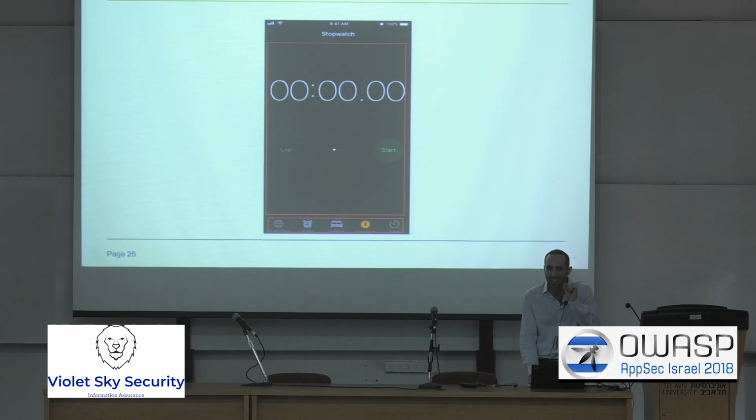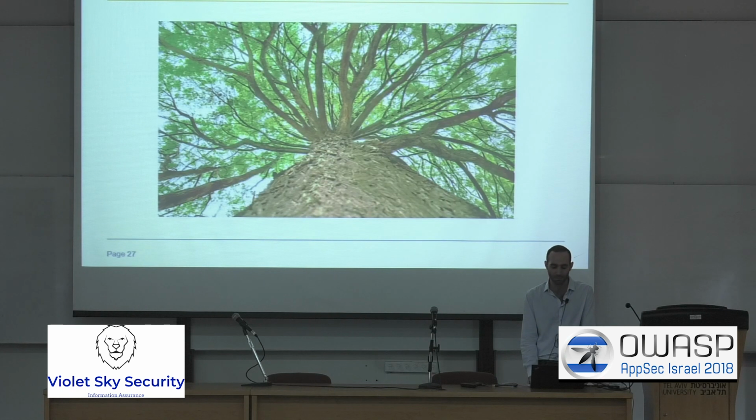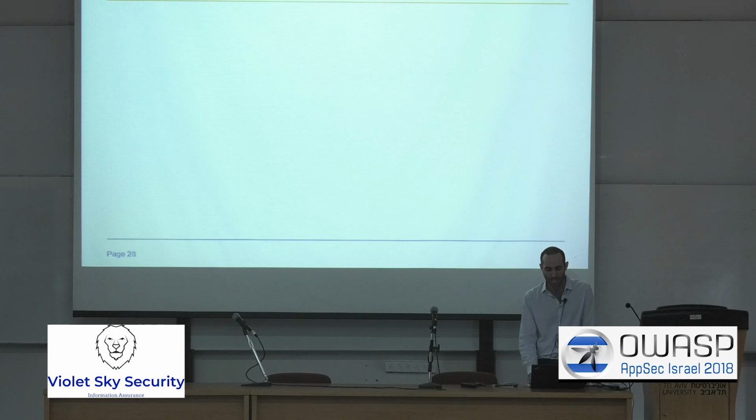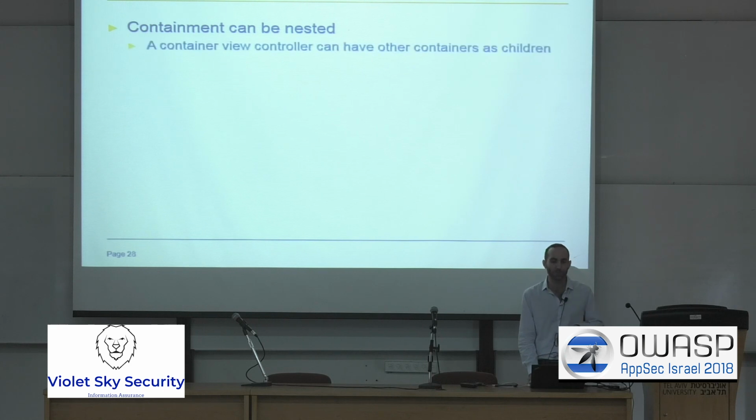But actually, it's a little bit more complicated than this, because there's a containment tree. What that means is that containment can be nested. Container view controllers don't have to contain content view controllers; they can also contain container view controllers. That means the application has a tree of view controllers at a given moment.